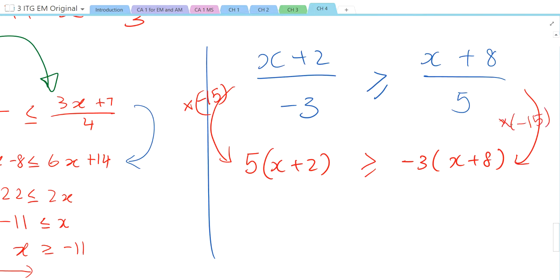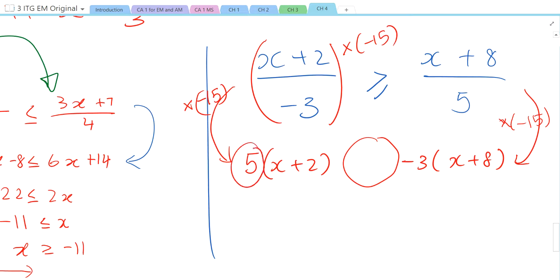Because when you multiply by negative 15, without regard to the sign over here first, so here you multiply by negative 15, you will end up with 5 here, right? Negative times negative gives you positive. So over here when you multiply by negative 15, then you will end up with a negative 3, isn't it?